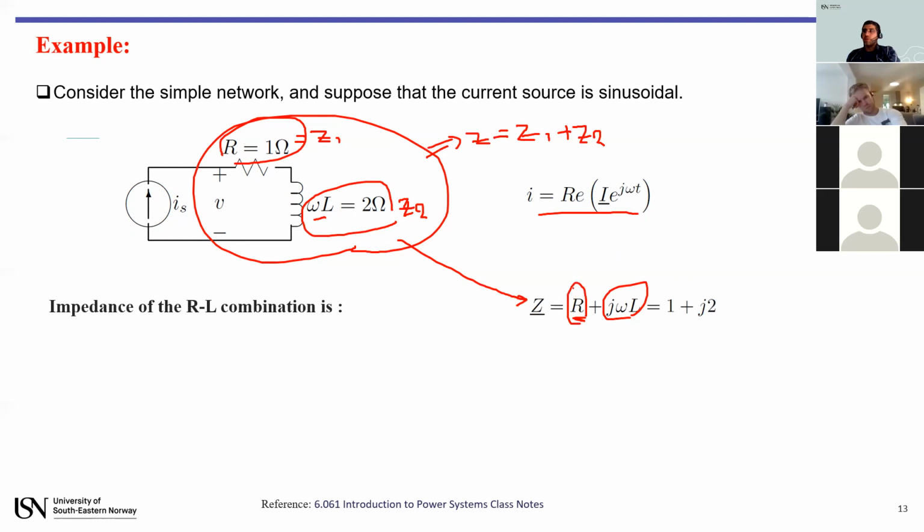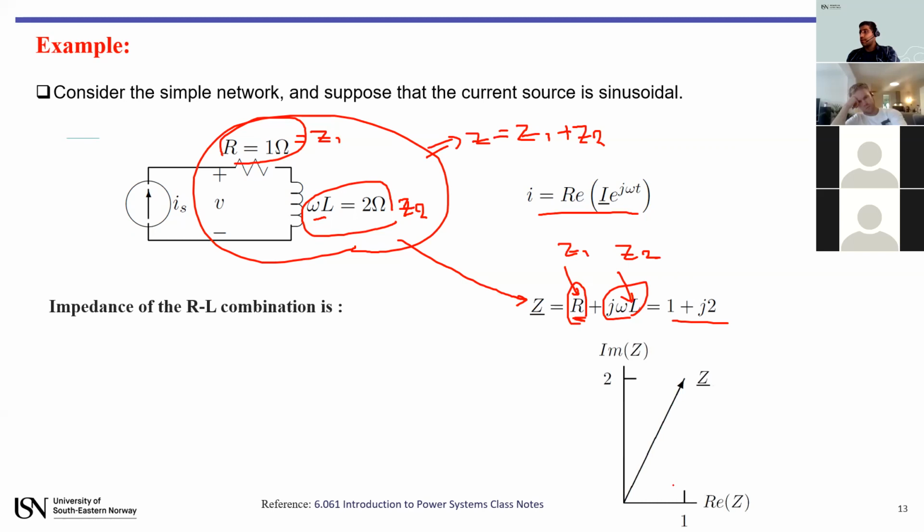And Z1 is the impedance of the resistor, which is just itself. And Z2 is the impedance of the inductor. So 1 plus j2 is the final impedance.